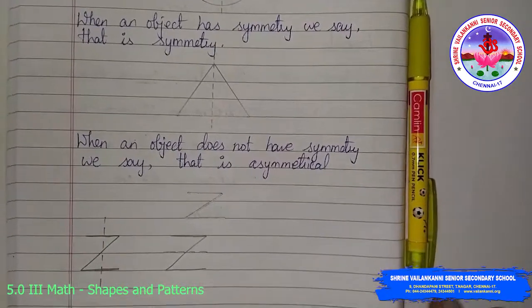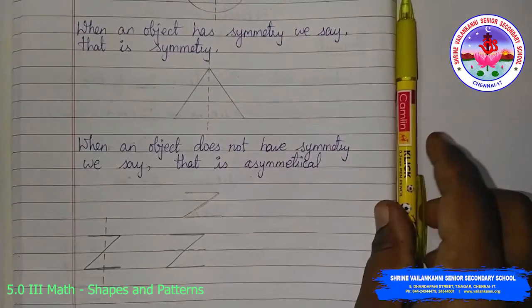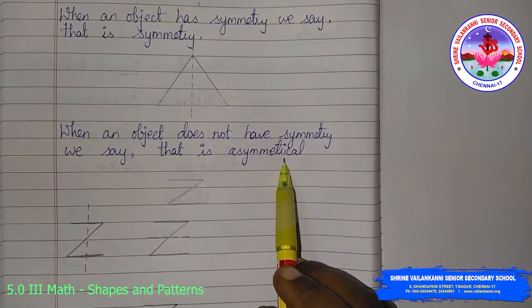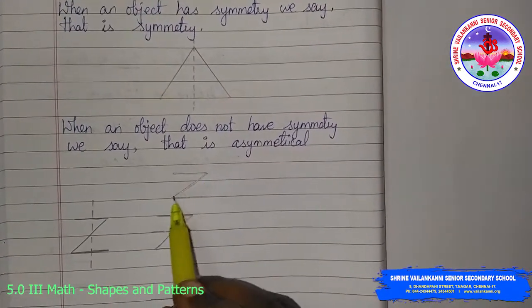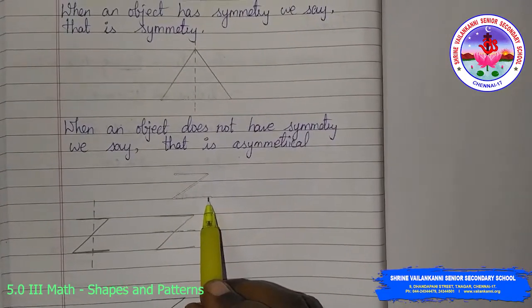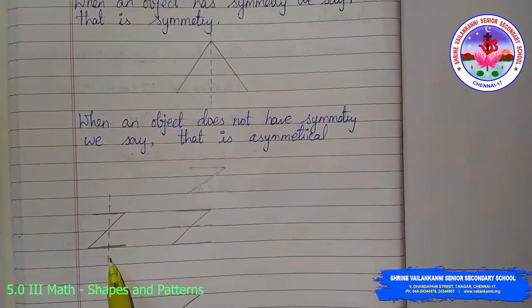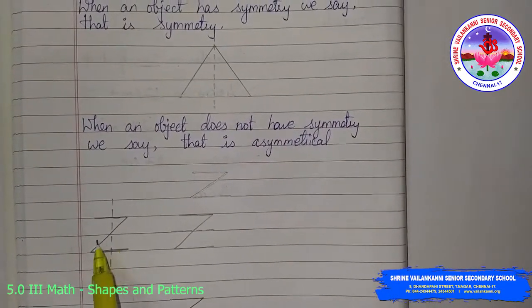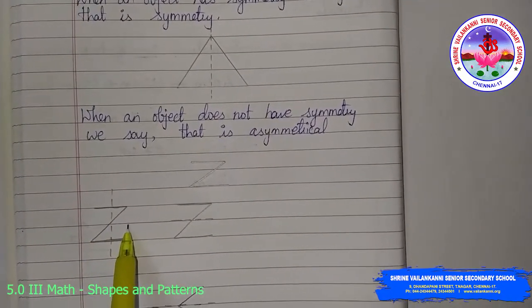When an object does not have symmetry, we say that it is asymmetrical. For example, take the alphabet letter Z. If I draw a line of symmetry and look, am I getting a mirror image? Is this side the same as this side?